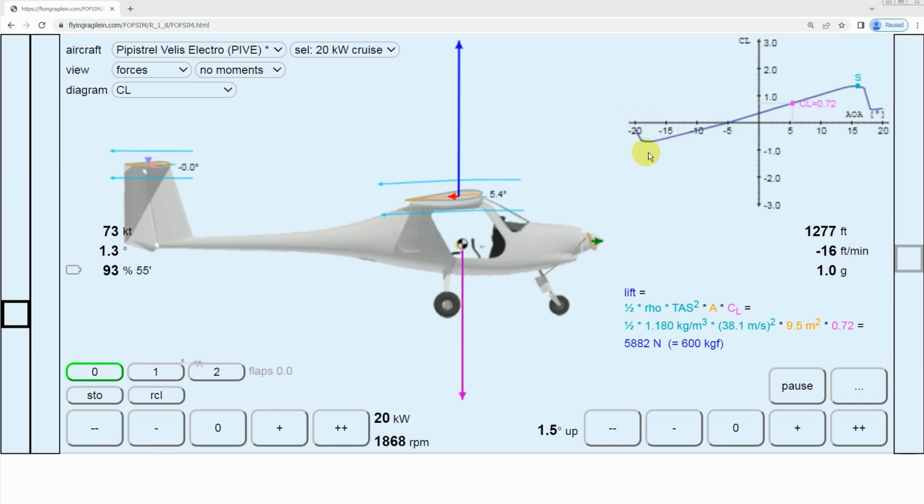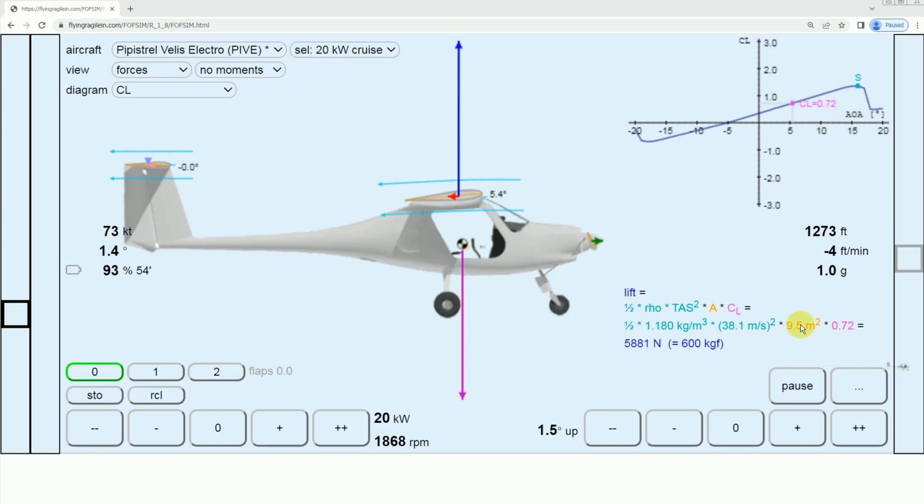Although the general form of this diagram is the same for all wing shapes, the exact numbers are unique for each wing shape. Currently our angle of attack is 5.4 degrees, which results in a CL of 0.72.